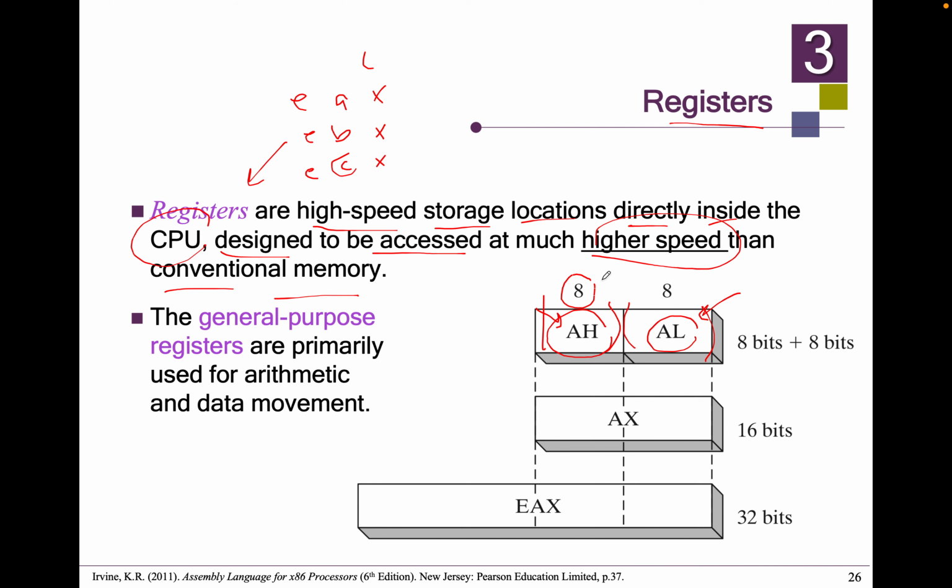It requires 8 bits, which is 1 byte. How about AX? AX requires 16 bits. And then you have EAX. EAX is 32 bits.